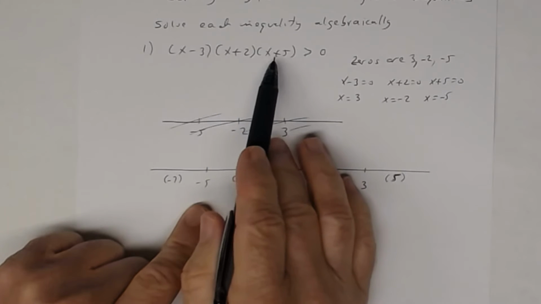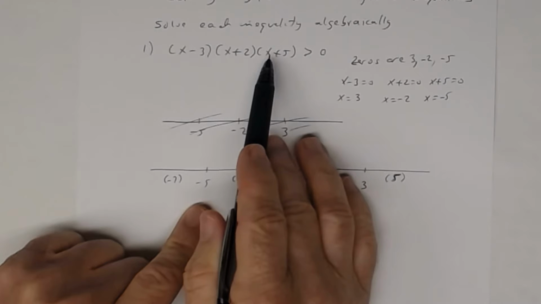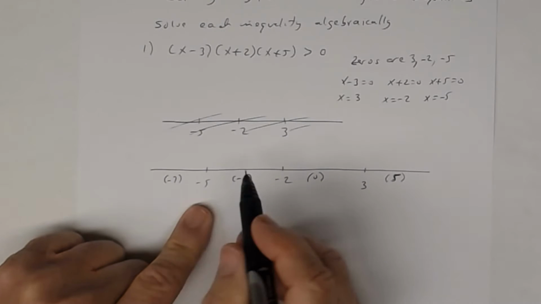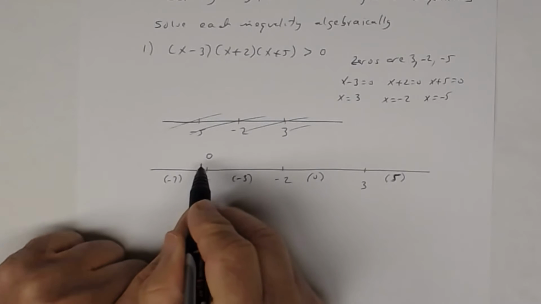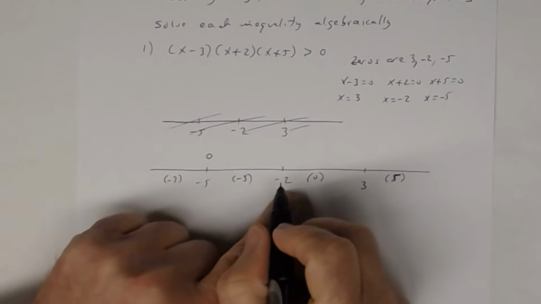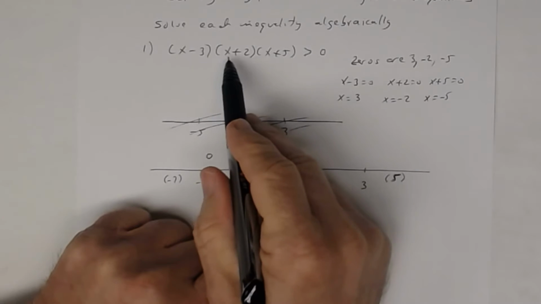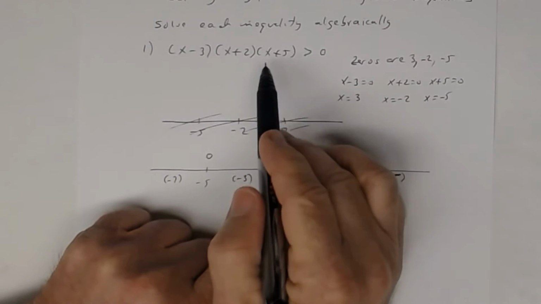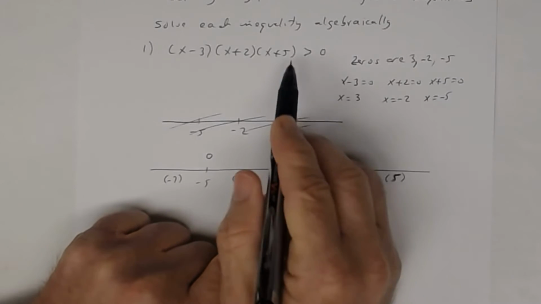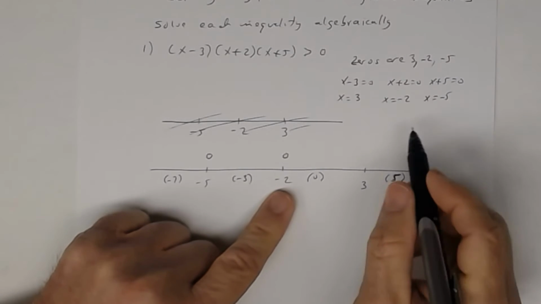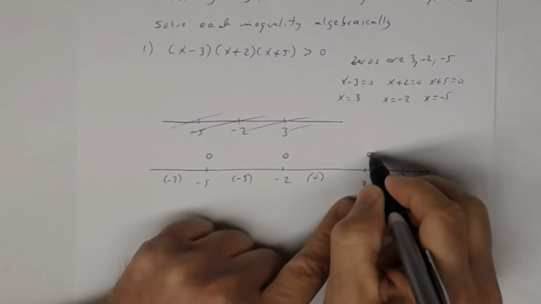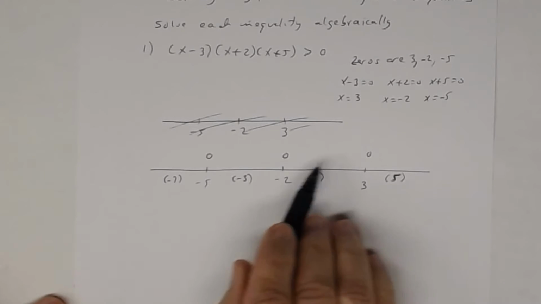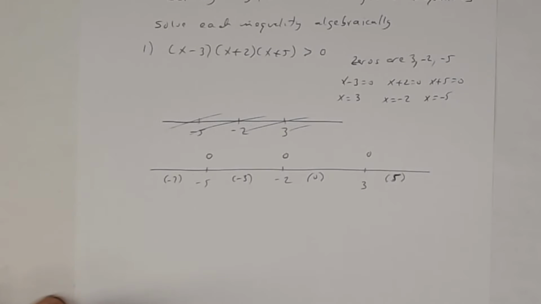In fact, you do, because look, -5 plus 5 is 0, and 0 times all of this is 0. So I'm going to put 0 here to indicate that that's a 0. Same thing here, -2. -2 plus 2 is 0, so all of this product is 0, regardless of what's on the other factors. And the same thing for 3. So automatically we'll put zeros there to indicate those are zeros.